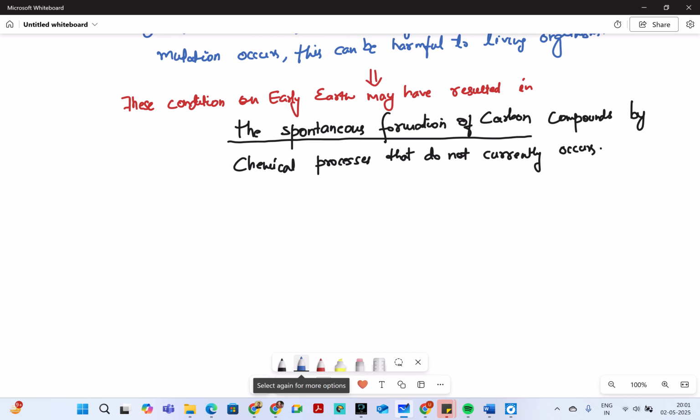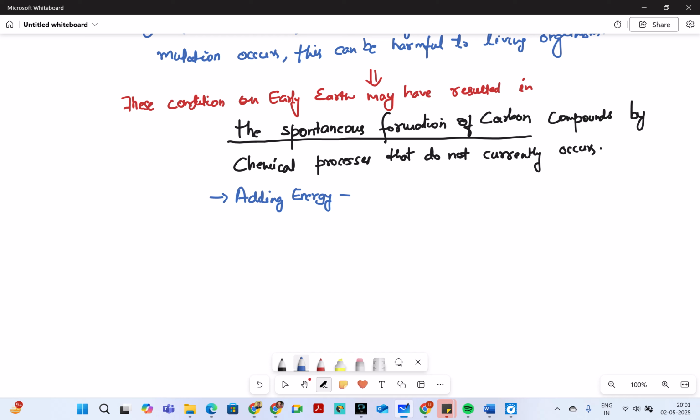So we'll write in points. First, adding energy. Right? When we say adding energy, we are talking about heat or UV radiations.